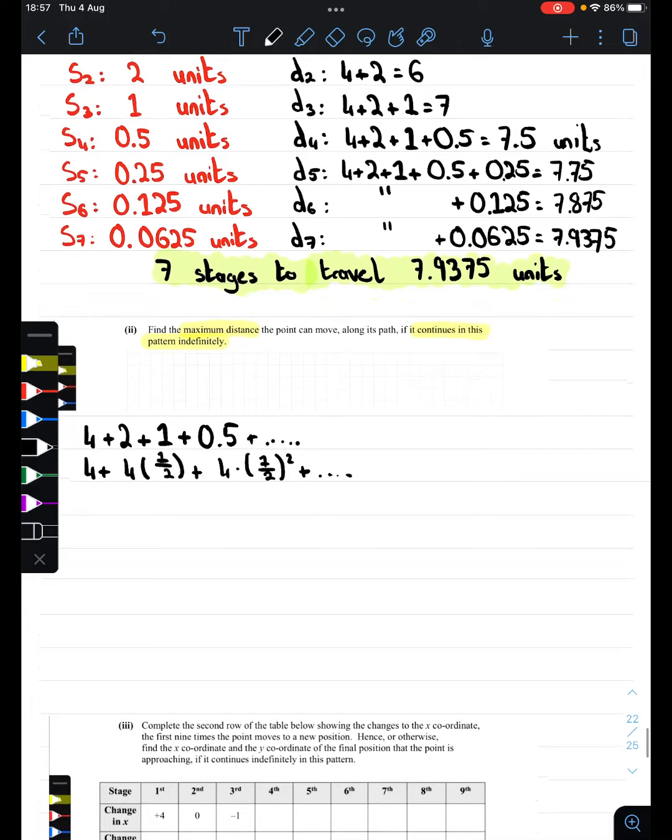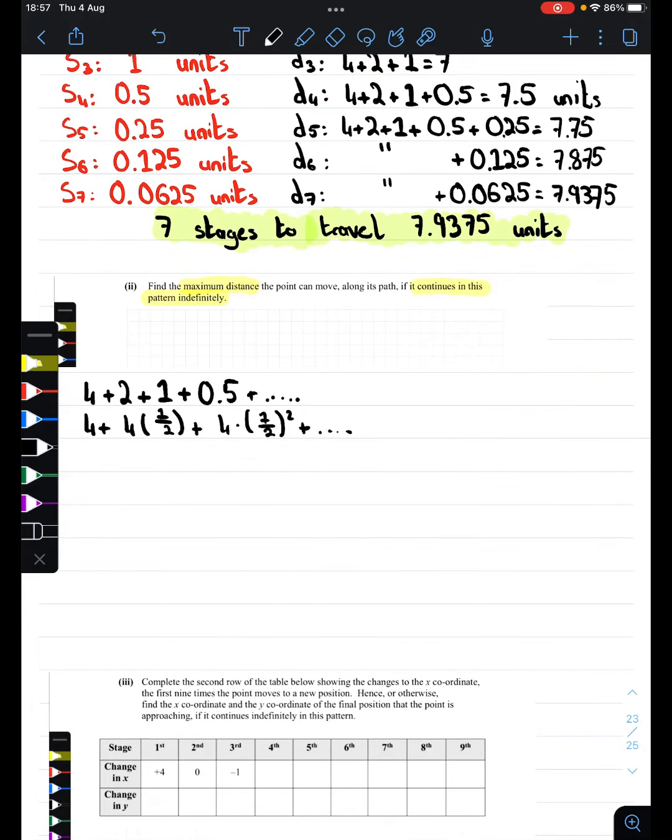And now it really looks like a geometric sum, which we might expect. Whenever they ask you to do an infinite sum, it's probably going to be a geometric sequence. When you read infinite sum, or a pattern going on indefinitely, you should probably immediately be looking for a geometric sequence.